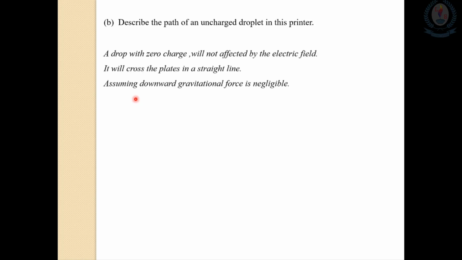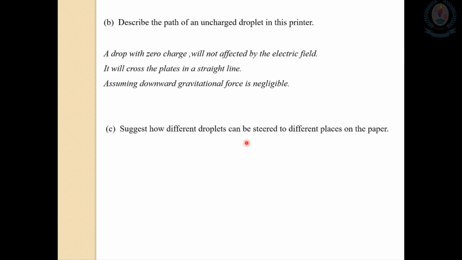So a drop with zero charge will not be affected by the electric field and will cross the plates in a straight line, assuming that the downward gravitational force is negligible.